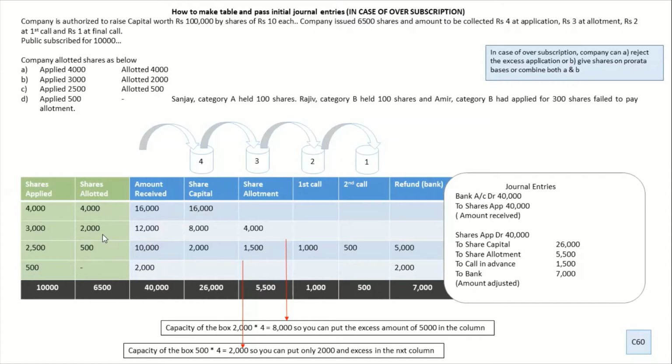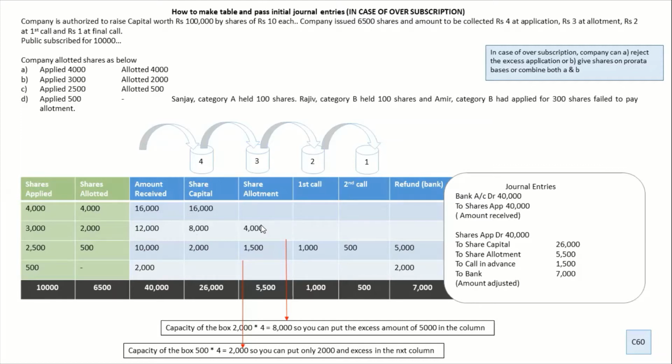But someone who was given only 2,000 shares, the company cannot take 12,000. Company can take only 2,000 into 4, that is 8,000. So what will the company do with the remaining 4,000? Company will adjust that excess amount. 12,000 minus 8,000 is 4,000, and that excess amount they will not refund but transfer it to the next call, that is share allotment.